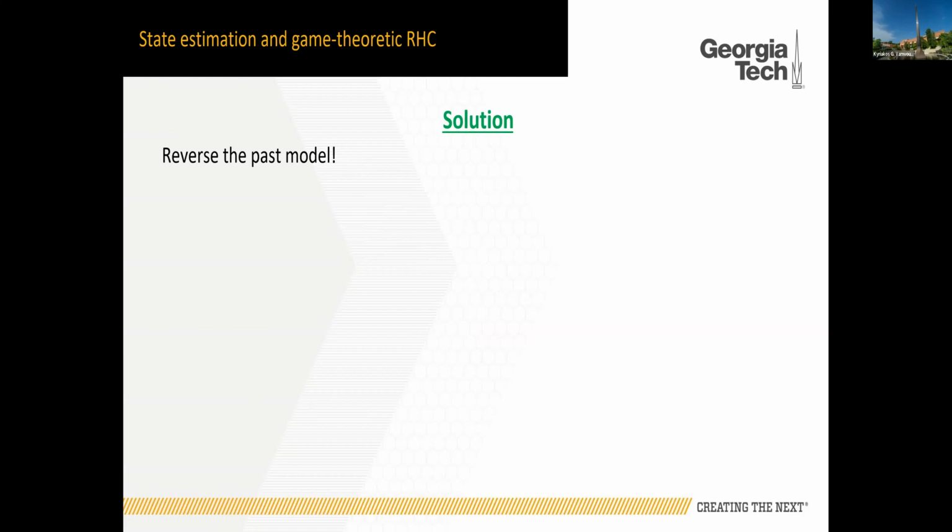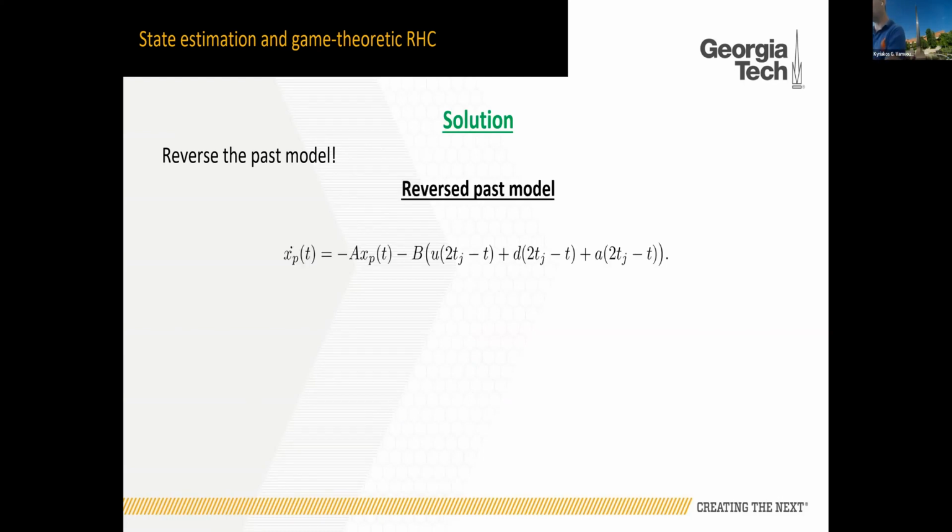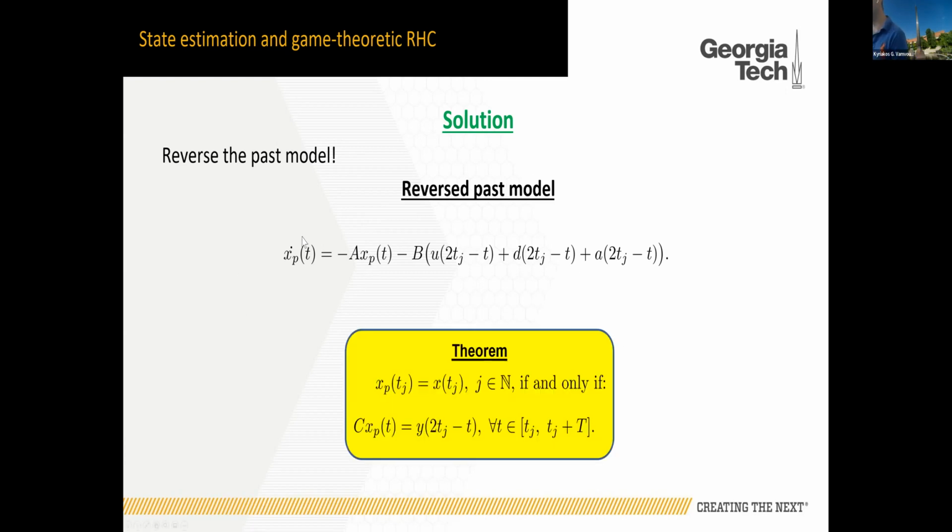One, the easiest thing we can do is reverse this past model, right? So I will rewrite this reverse past model, which can be derived like that. Again, this is just by simple calculations. And then I can still get my two states to be the same, given that this condition is true, the one that hopefully you can see with my mouse.